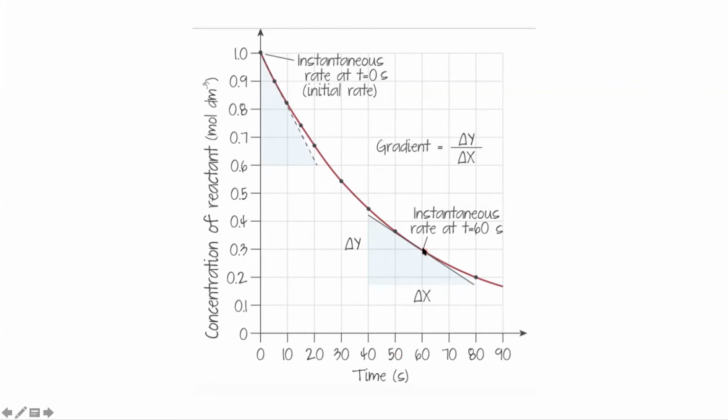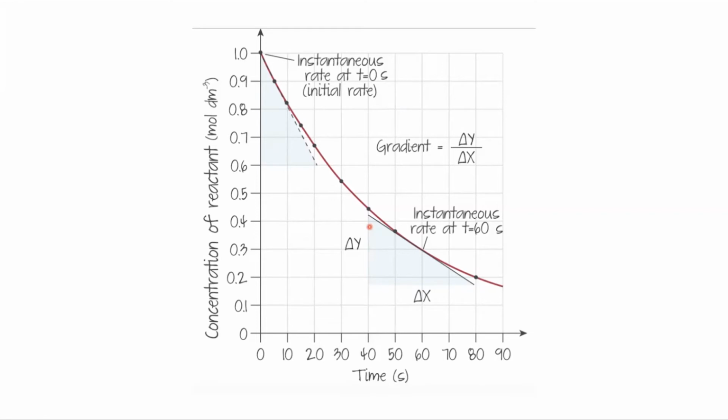But compare this to some time over here, for example. You have a triangle here, and this is a tangent, and we can measure the rate at this particular time. So I can take the measurement of rate over here by drawing a tangent again and looking at this triangle, and I can see now that my height of the triangle is a little more than 0.2.